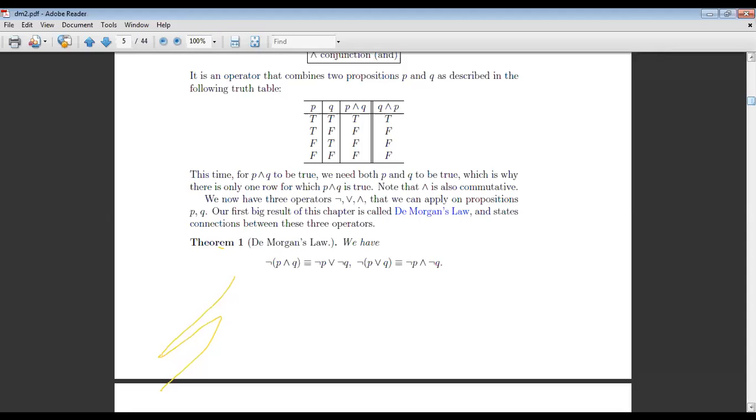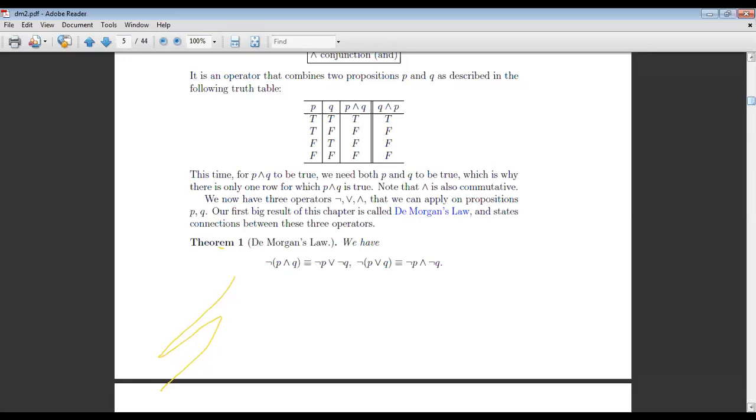Now we fill up the right hand side: negation of P is false, false, true, true. And negation of Q is false, true, false, true.